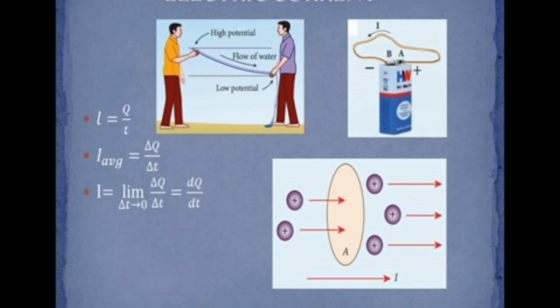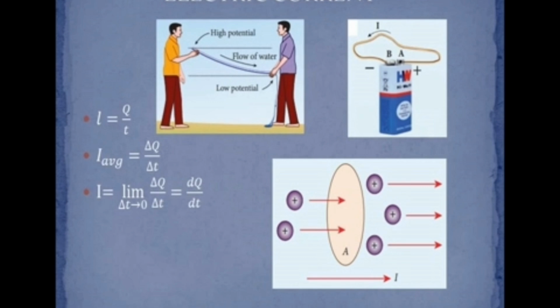Next thing, it is not a constant, which means we can say that delta T tends to 0. That means the flow of charges changes continuously, so we have to calculate the instantaneous current. Instantaneous means the current at a particular second, like 50 seconds or 30 seconds; we can measure the current at that time.